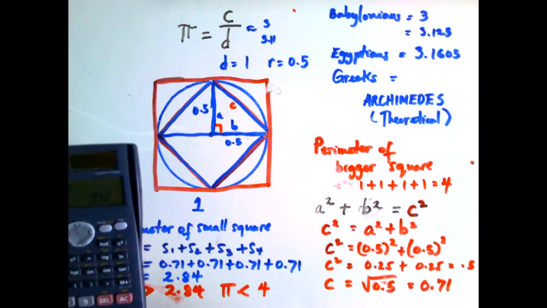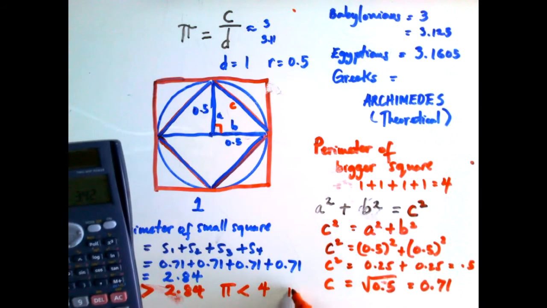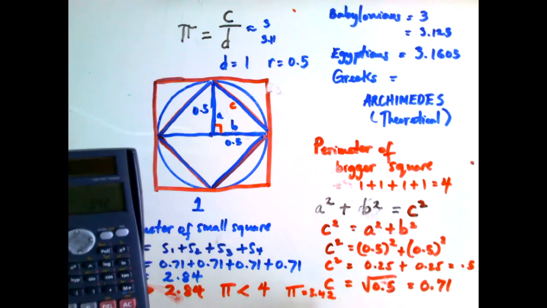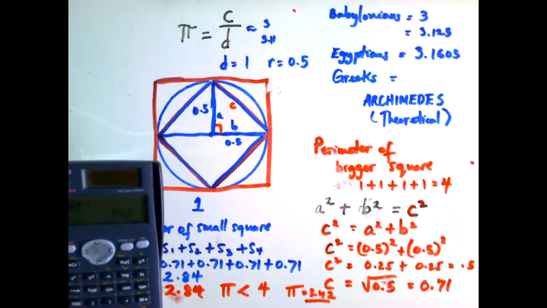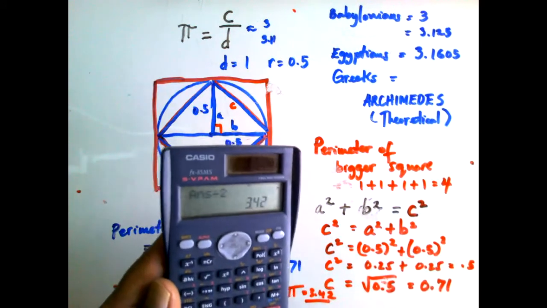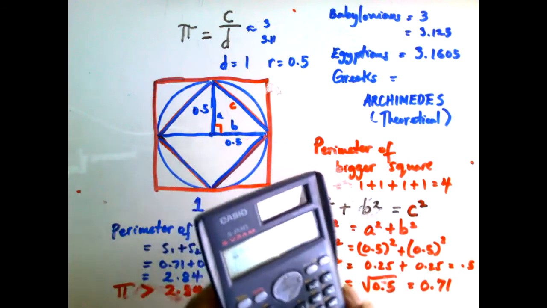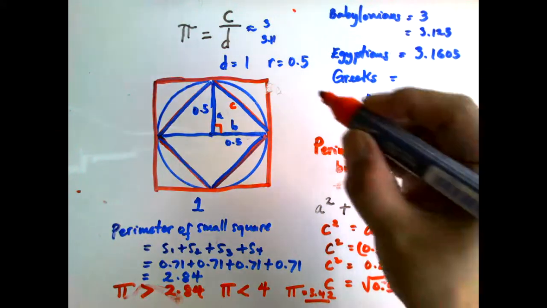So here, pi is around 3.42. Now, why is that not close to our modern equivalent of 3.14? Well, it's only like that because we are only having an example, all right? Originally, this is how Archimedes did it.